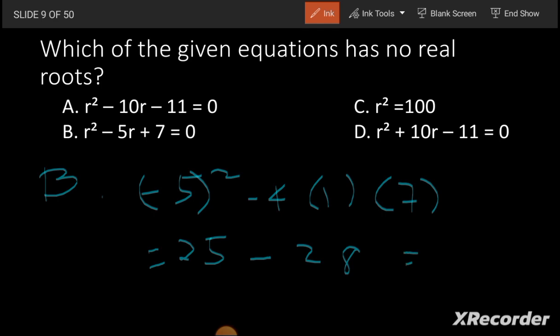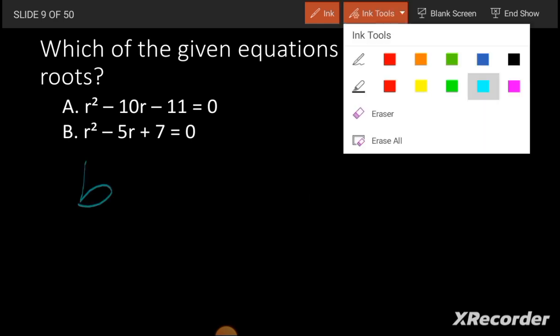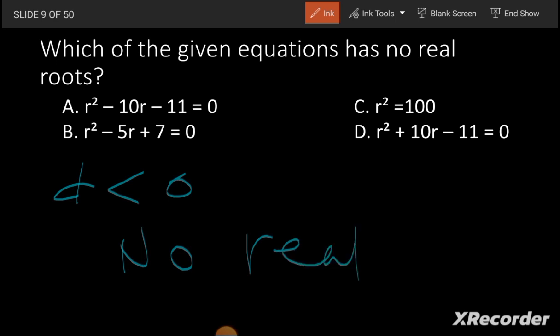So that's negative 3, and negative 3 is less than 0. We have discussed earlier that if D, the discriminant, is less than 0, then the quadratic equation has no real roots.